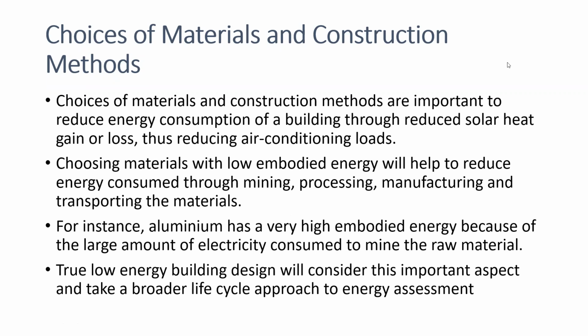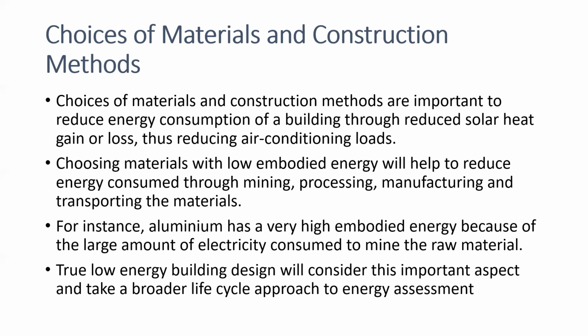So the choice of materials and construction methods is also important in order to reduce the energy consumption of the building through reduced solar heat. Reduced solar heat, in the sense that it can be a heat gain or a heat loss, thus reducing the air conditioning load.